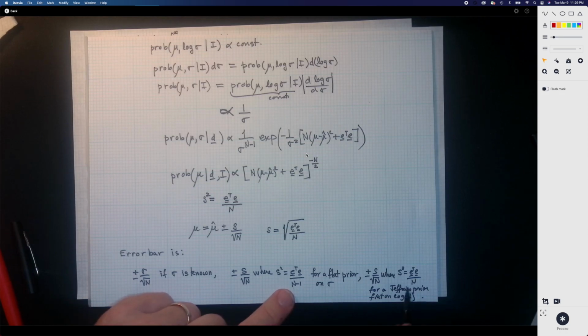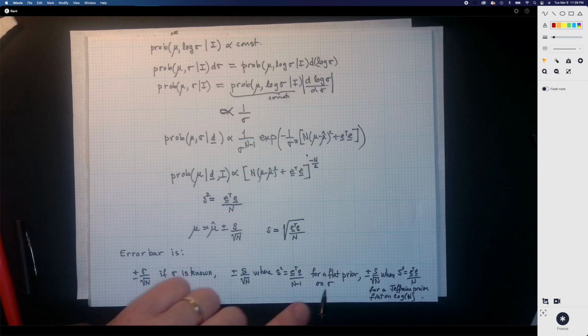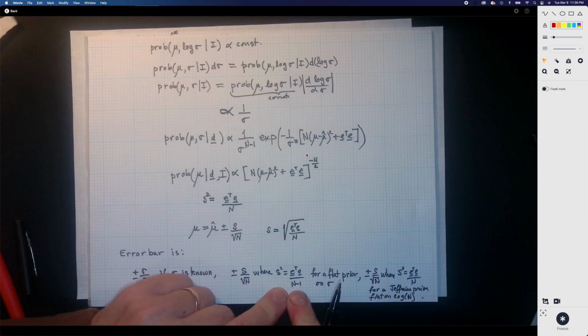We have n minus 1 or n. And incidentally, this n minus 1 is the origin of your calculator having the n minus 1 choice when you compute the sample standard deviation.